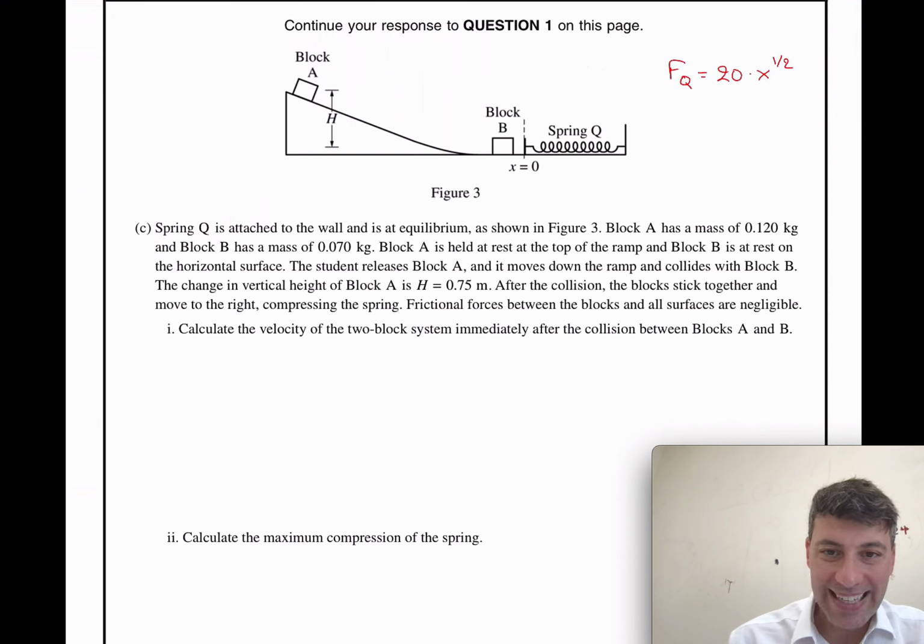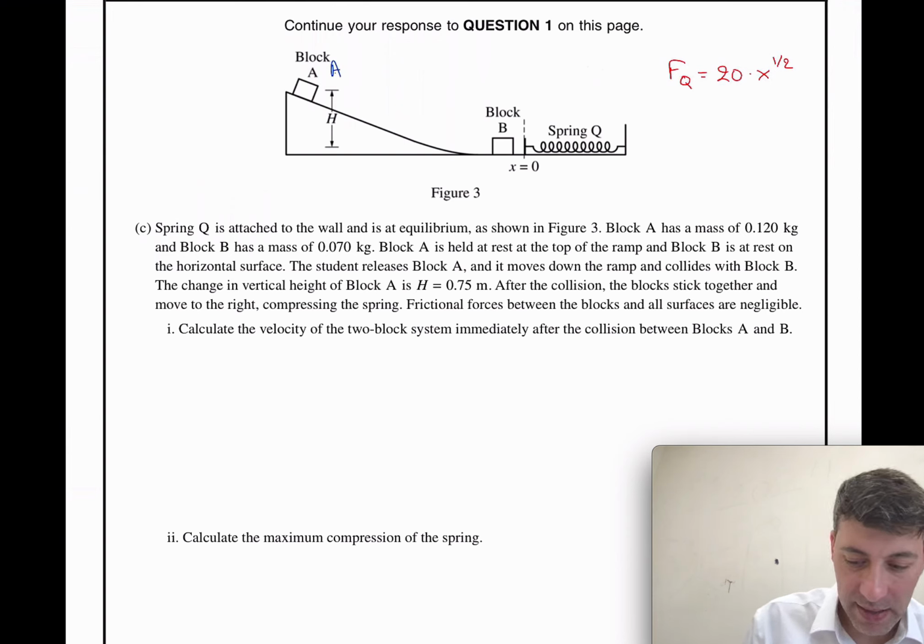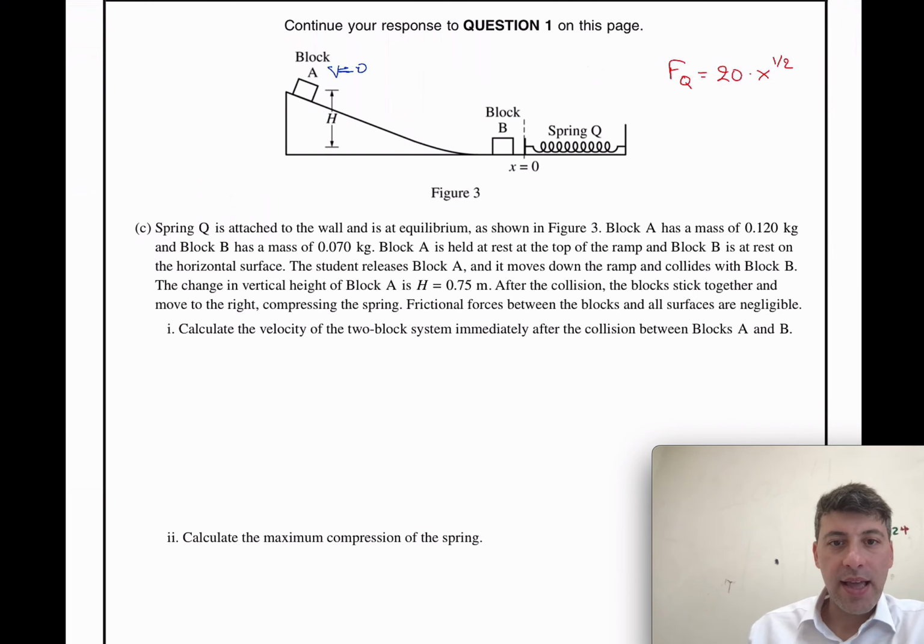The block A is held at rest, so here the velocity is 0. And the student releases the block A, it moves down the ramp. Eventually there will be a collision. We know the height of A, that is 0.75, and this is very, very important.